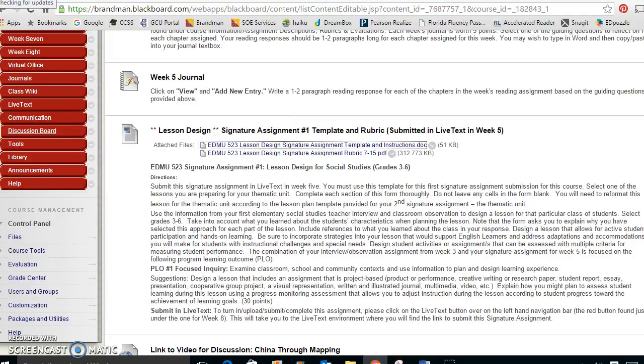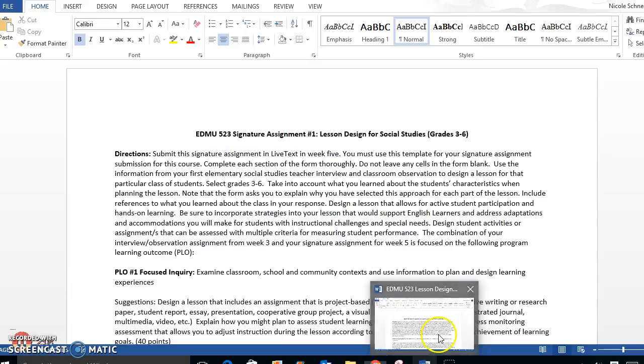And then we have our signature assignment, signature assignment number 1, due this week. And you've already done some of the work. You went in and you observed a class. You found out some information about the students. Now you're creating a lesson for them. So let me pull up that assignment description.